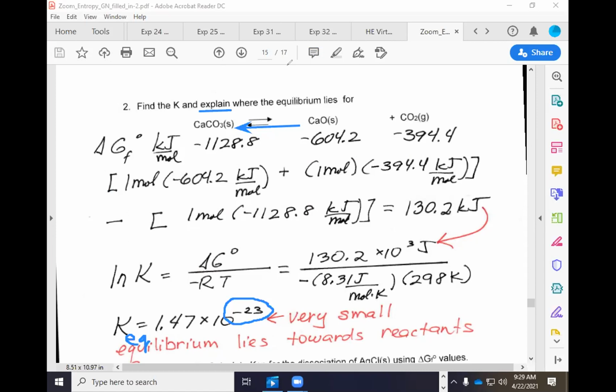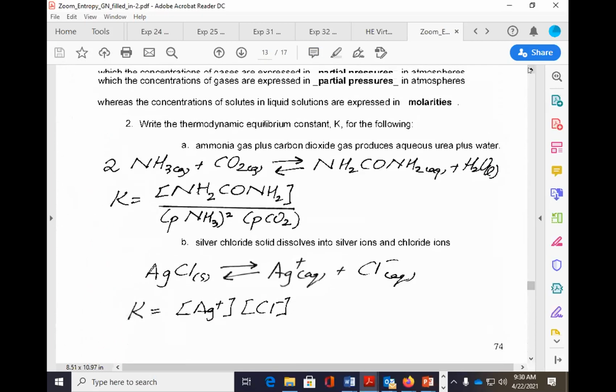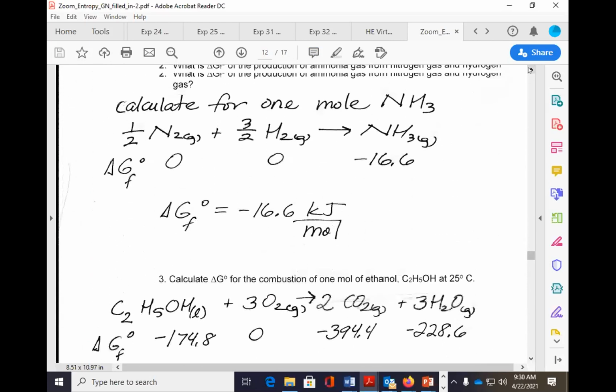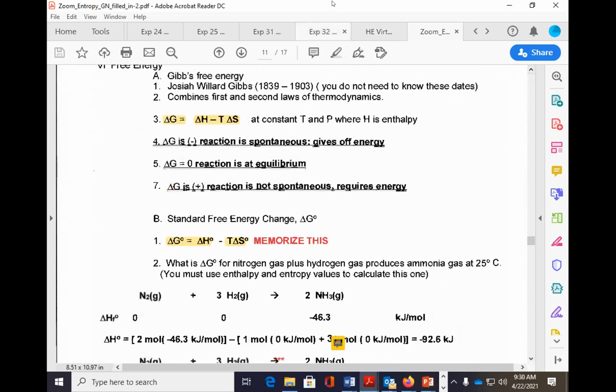Okay, let's take a look at the delta G. Okay, so here's our delta G. Okay, so our delta G is positive. And then we're gonna have to go back to earlier in the notes. Okay, so absolutely you are going to want to memorize this.